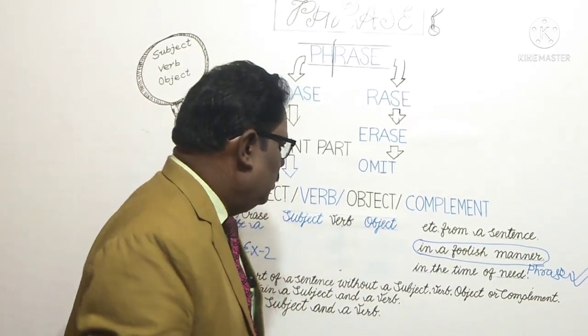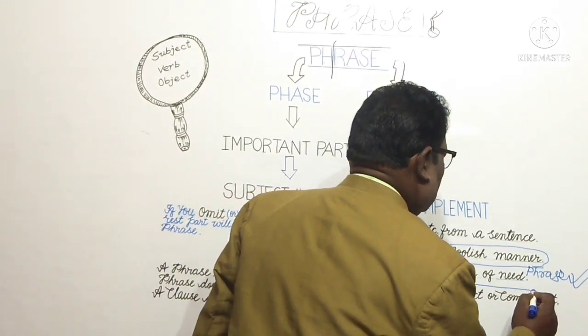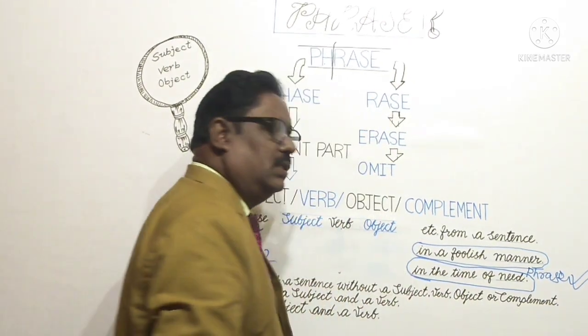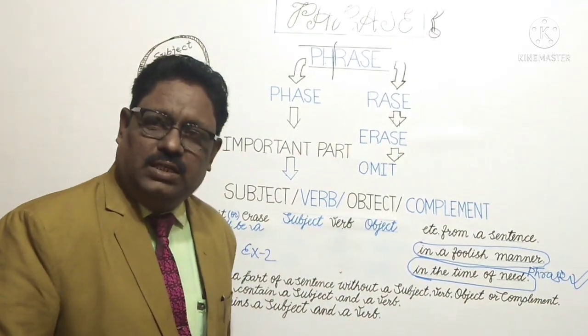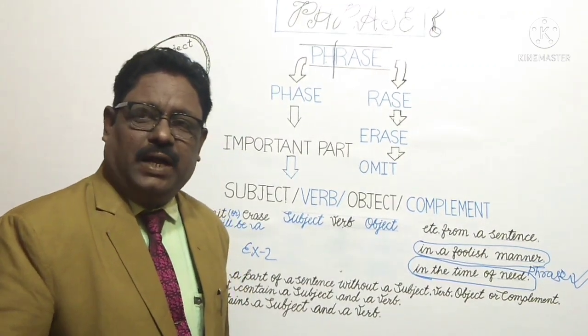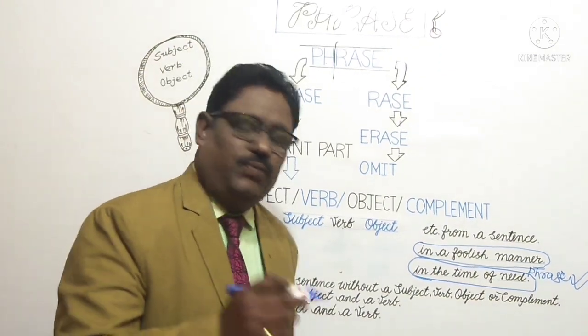Here, we see in the time of need. In the time of need is the rest part of the sentence. So, it is a phrase. The rest part of the sentence is called phrase.